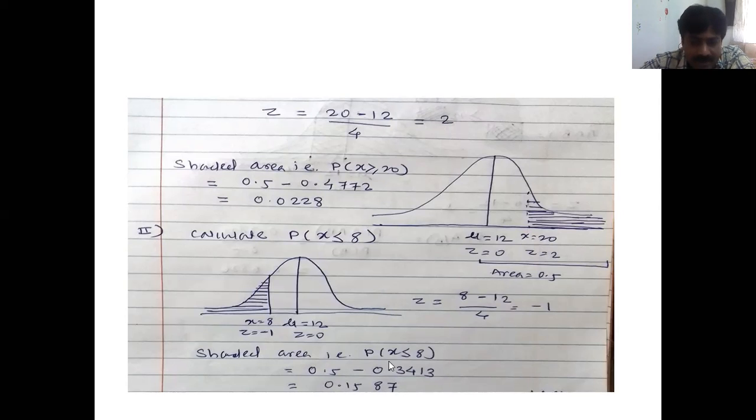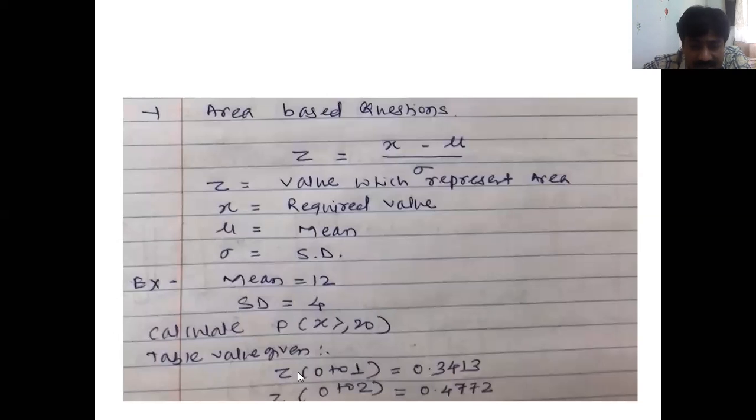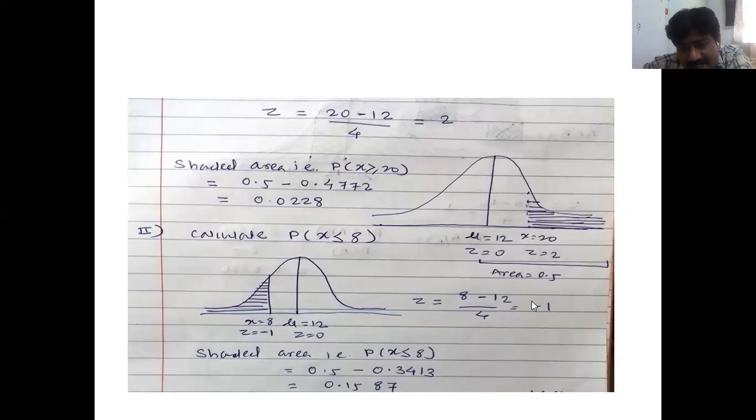So the shaded area here, that is the probability of x less than or equal to 8, is what? If you observe, from mu equal to 12 to minus infinity, the total is 0.5. From that we are removing this unshaded area. For this unshaded area, from the z table, when z is 1, it is 0.3413. As z is equal to minus 1, obviously we need to consider 1, since there is no concept of minus here; from the center, this will be the plus side and this will be the minus side.